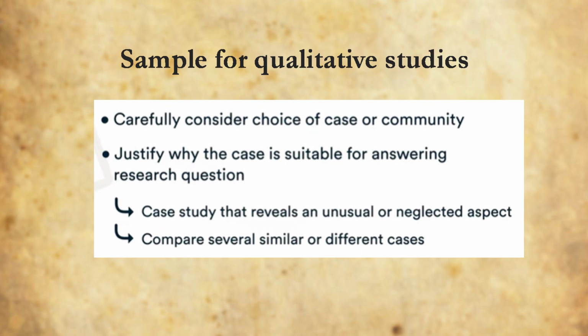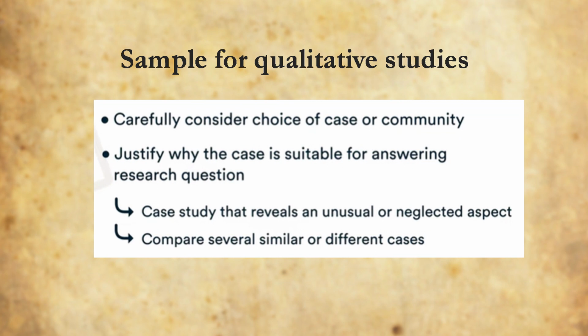Thus, when we talk about the different types of sampling methods, we will just have a look from the qualitative research perspective, where we need to carefully consider the choice of the case or community and justify why the case is suitable for answering a few research questions.